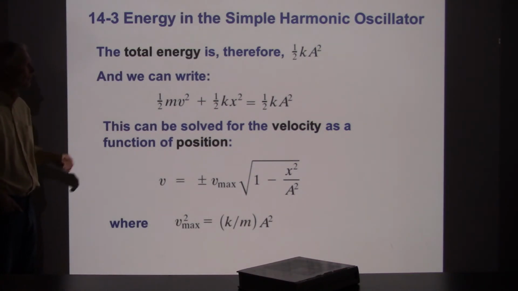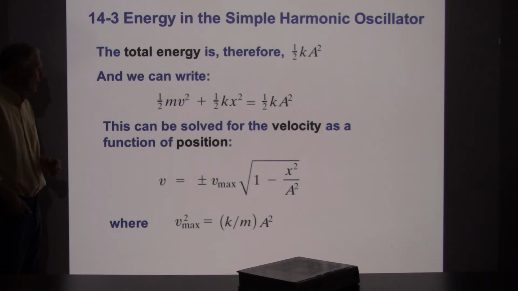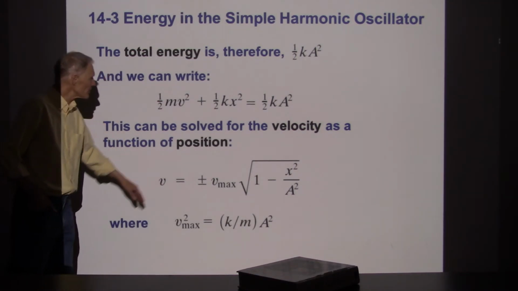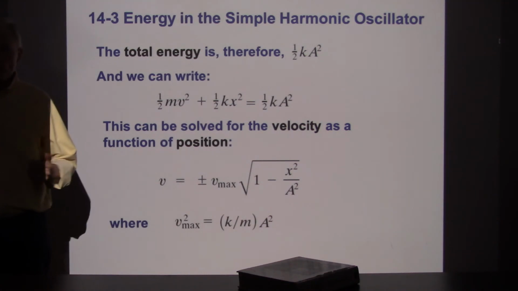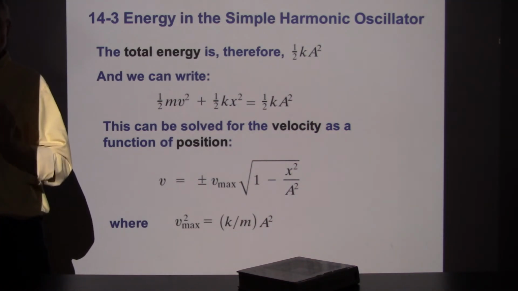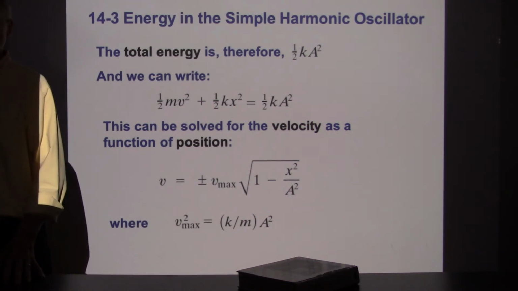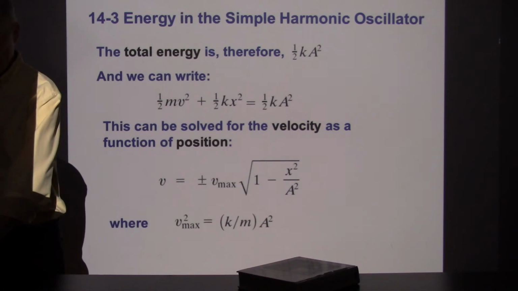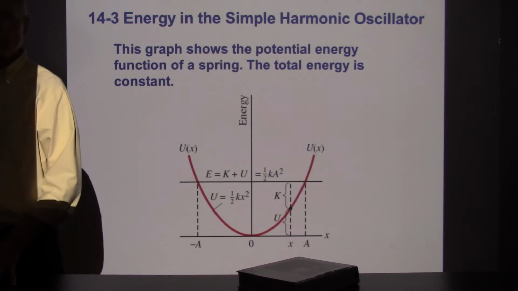Now, these formulas certainly work. I don't use them that often, but they are introduced in the textbook, and so it does provide a way. If they tell you the location of the object, you can calculate how fast it's going at that particular time.